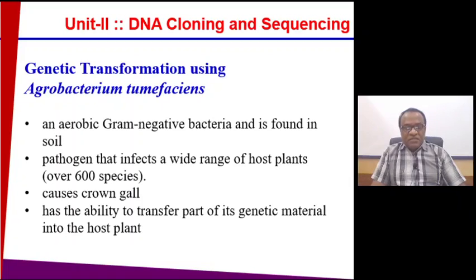This bacterium causes crown gall, which is a tumor forming disease in the infected plants, and it has the ability to transfer a part of its genetic material into the host plant.